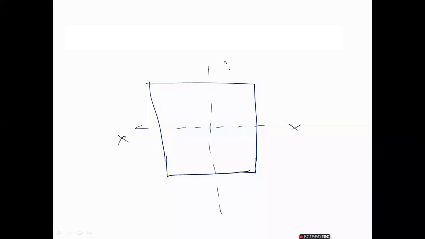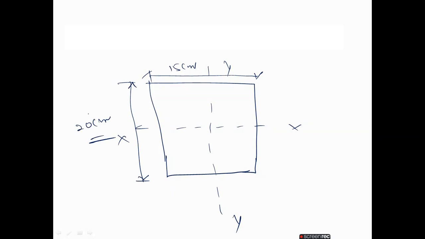Suppose this is the column section I am drawing here. This is XX and this is YY. They have given this dimension as 15 centimeters and this one as 20 centimeters. Now we have to calculate the moment of inertia about the XX section and also the YY section.